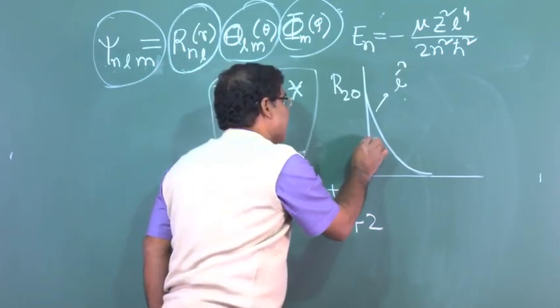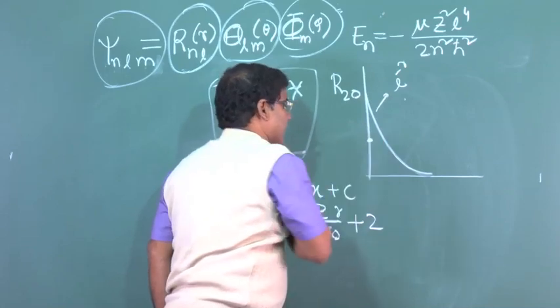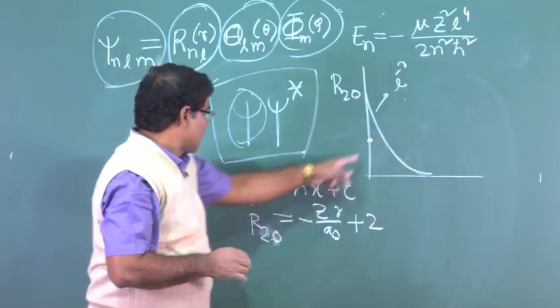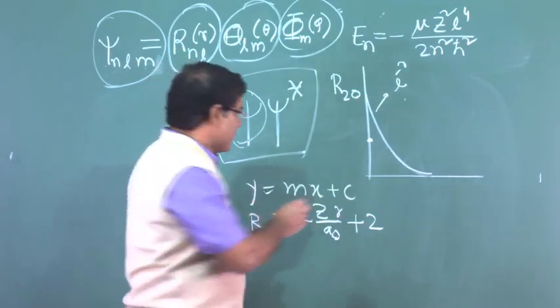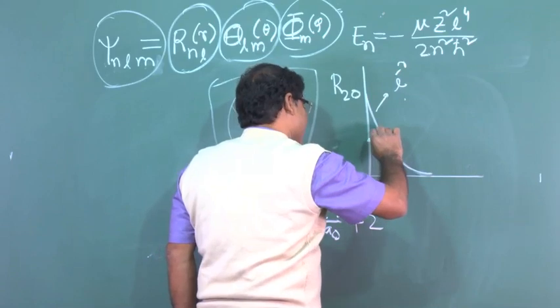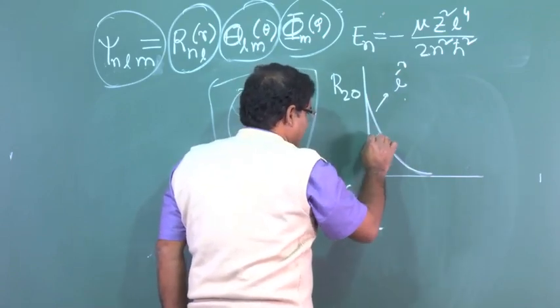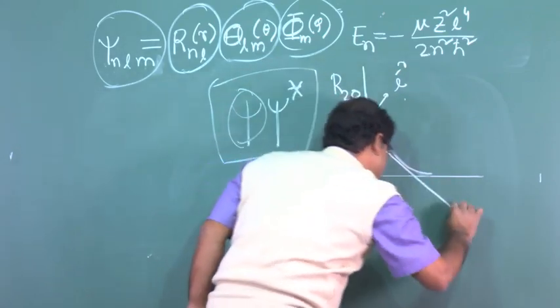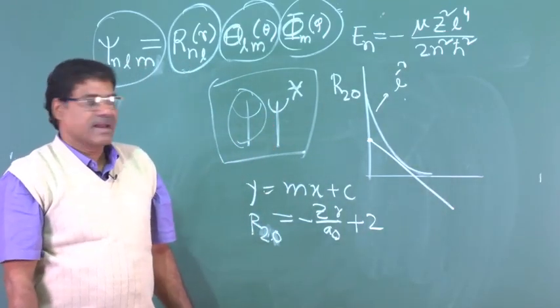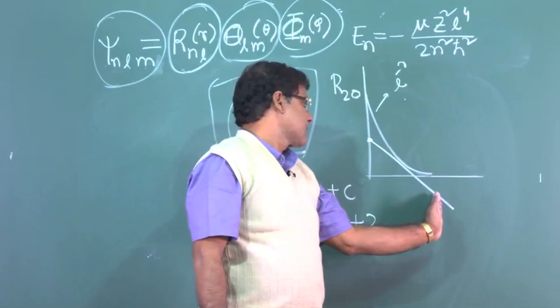It is here or somewhere, depending on the value, whether it is a normalized value or not. And negative slope means the slope is not like this, it is like this, I guess. Okay. Negative slope is like this.